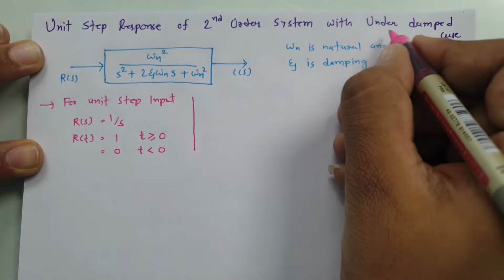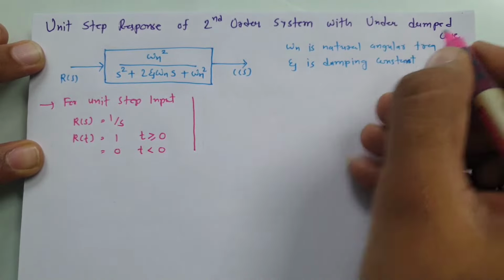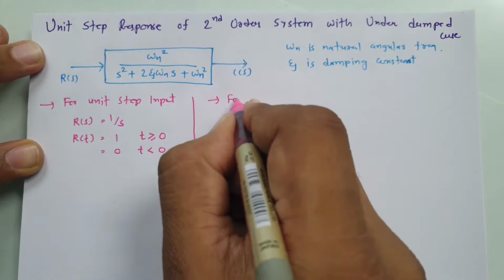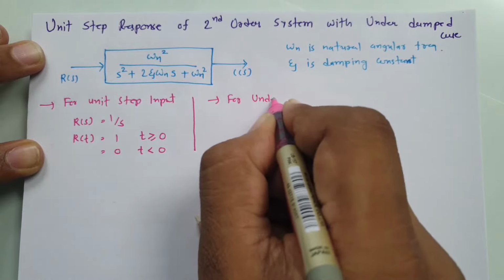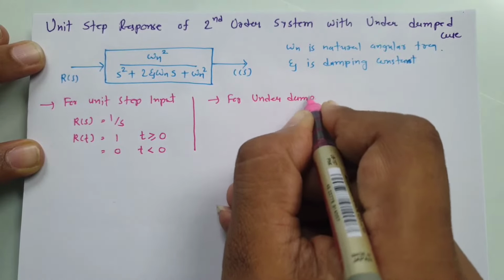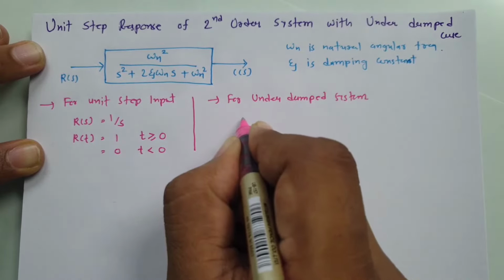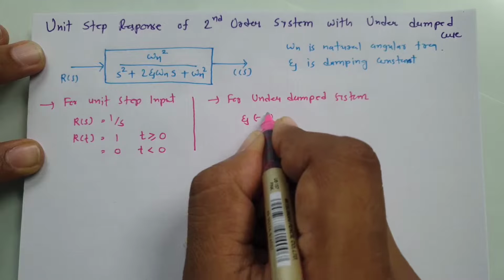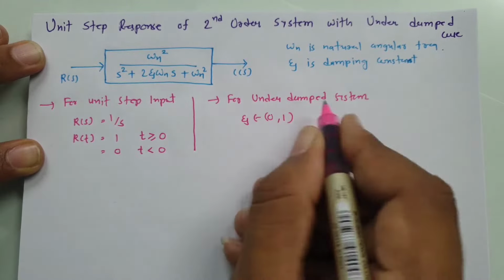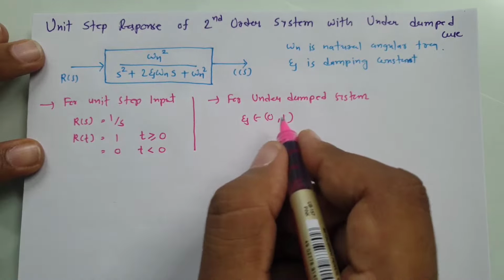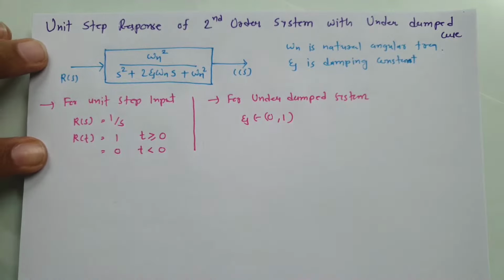Our case is the underdamped case. So for an underdamped system, the value of zeta is in between 0 to 1.